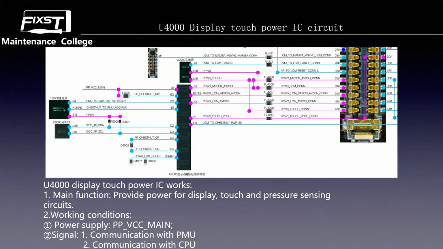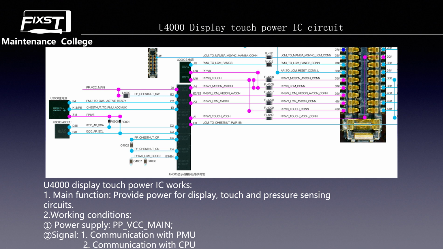Before, we talked about how the display circuit wants to work normally. It has two conditions. One is power. Second is signal, right? And it has two powers, right? One power is from the PMU, and the second power is from the U4000 display touch power IC.